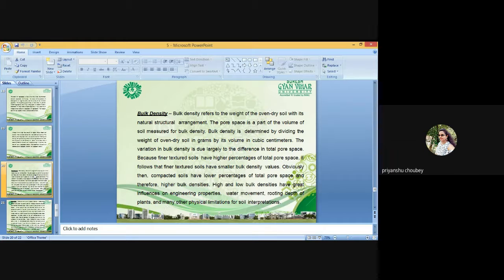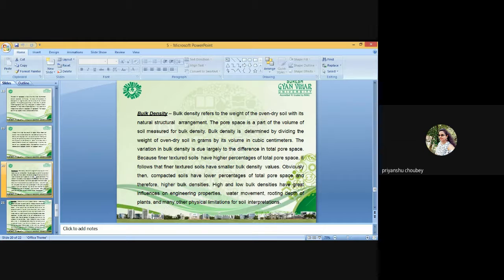Degree of saturation, denoted by S, is the ratio of the pore volume occupied by water, denoted by Vw, to the total volume of pores Vf, and usually expressed as a percentage. So S equals Vw upon Vf into 100.